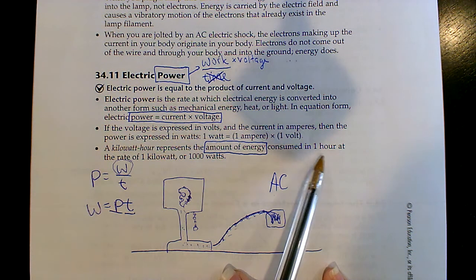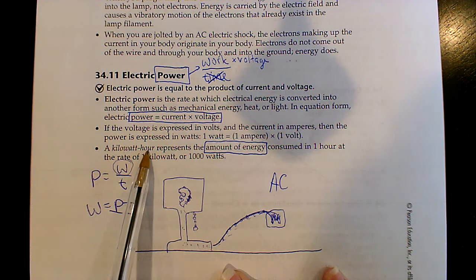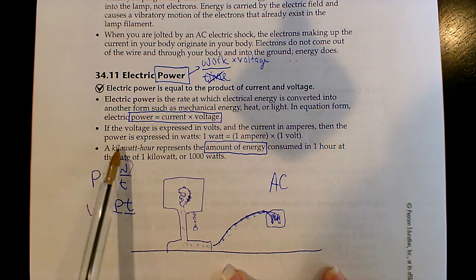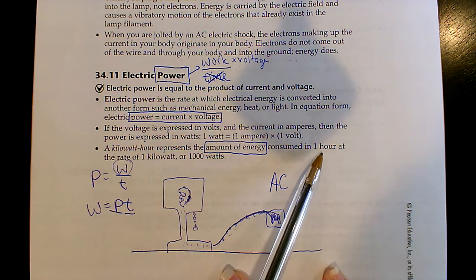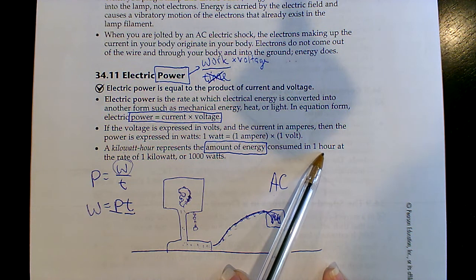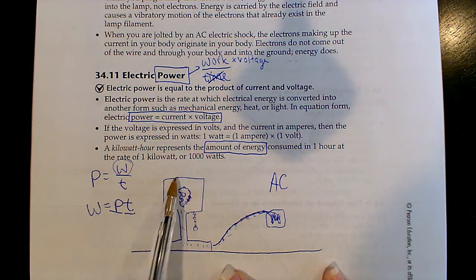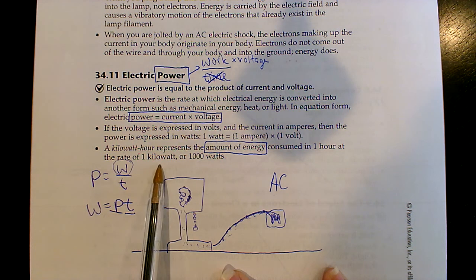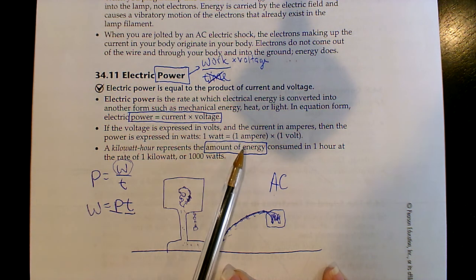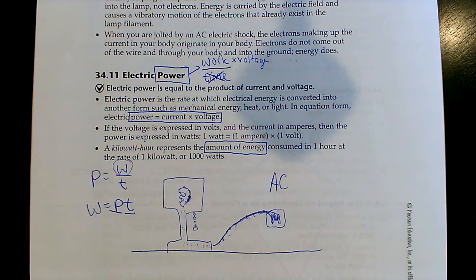It's kilowatt hour, not a kilowatt second, and it's a kilowatt, not a watt. So in 1 hour, how many kilowatts is it going to use? It's the amount of energy consumed in 1 hour. It's kind of a weird one.